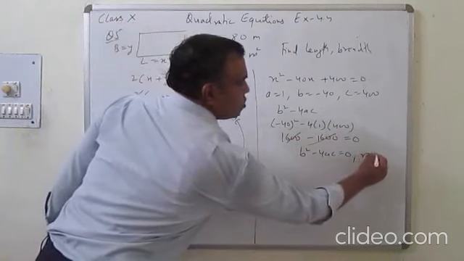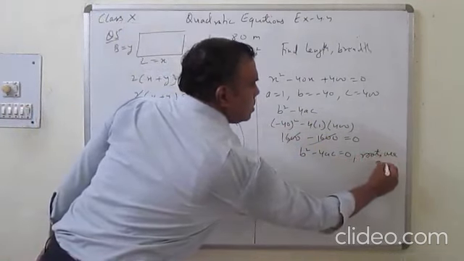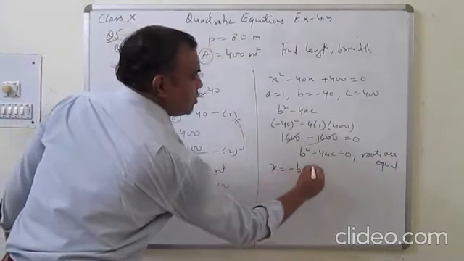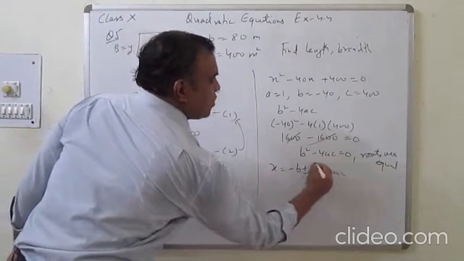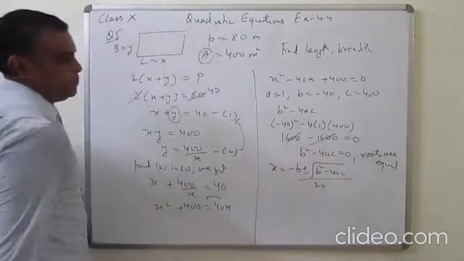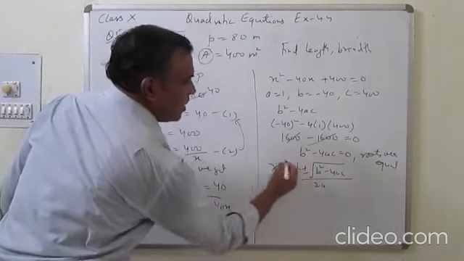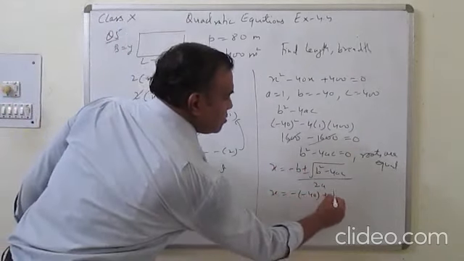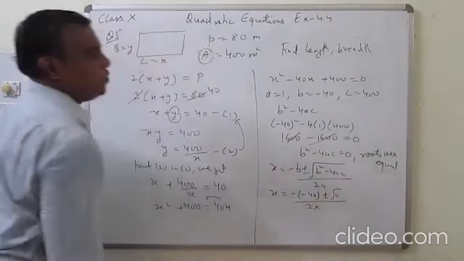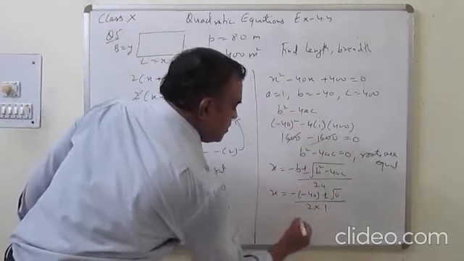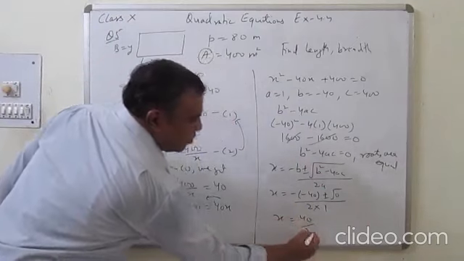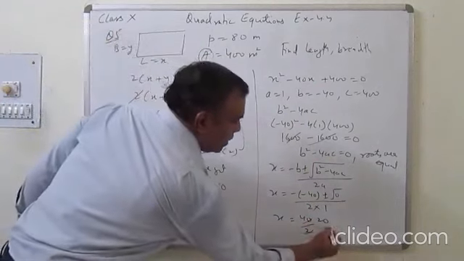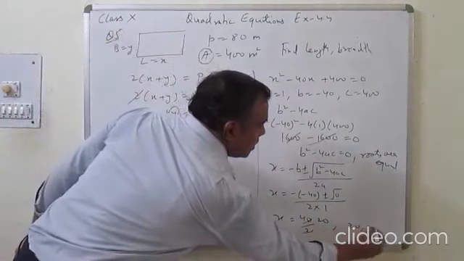The roots are equal. We know that x is equal to minus b plus minus under root b square minus 4ac upon 2a. x is equal to minus (minus 40), this is already 0, and 2 into a, which is 1. So x is equal to 40 upon 2, it means 20. So roots are 20 comma 20.